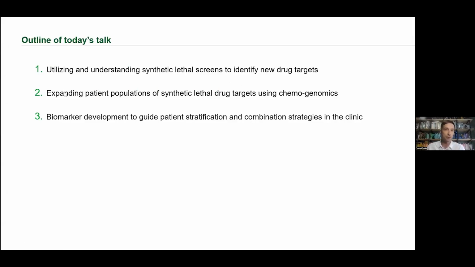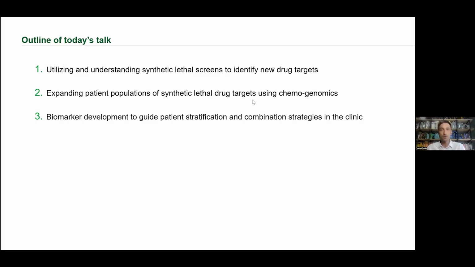I'll then move into a little bit about how we can expand patient populations of synthetic lethal drug targets using chemogenomics and other screening techniques. And finally, I'll finish off with trying to understand how we can use biomarker development to guide patient stratification and combination strategies moving forward in the clinic.